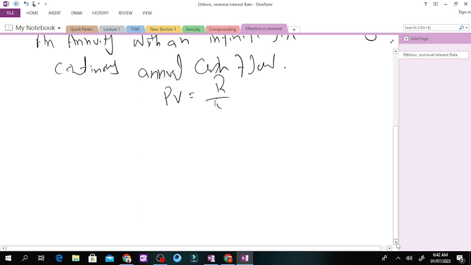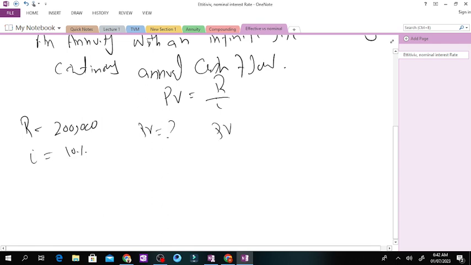So what is the condition? You wanted to receive 2 lakh, with an interest rate of, let's say, 10%. How much do you have to invest today? That means we have to calculate present value.